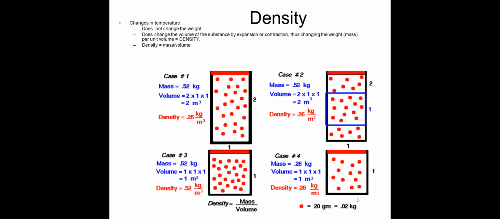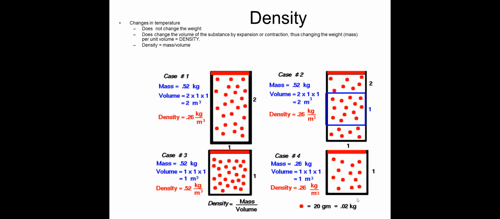Now, if we were to change that and decrease the volume, we would have a decrease in mass simply because there's less molecules in that box. When we look at case 3, we still have a mass of 0.52 kilograms, but the volume is significantly decreased. It's 1 meter cubed.